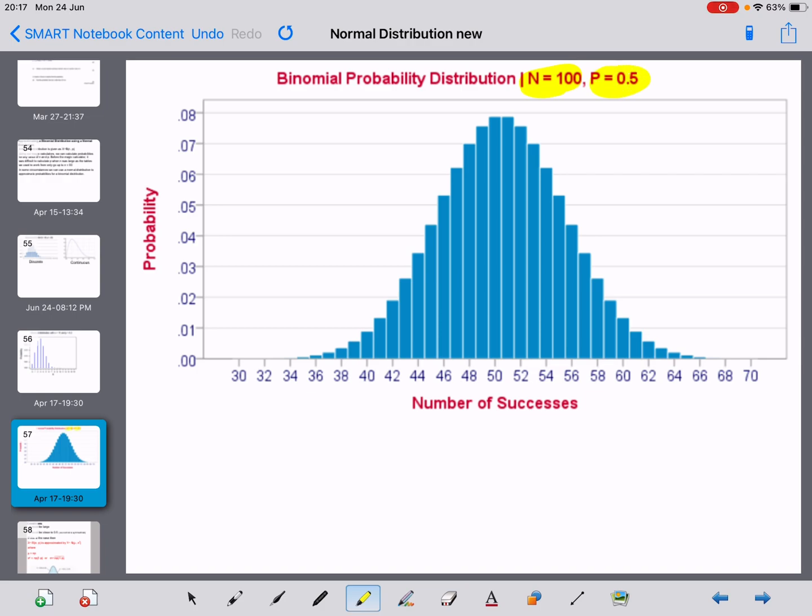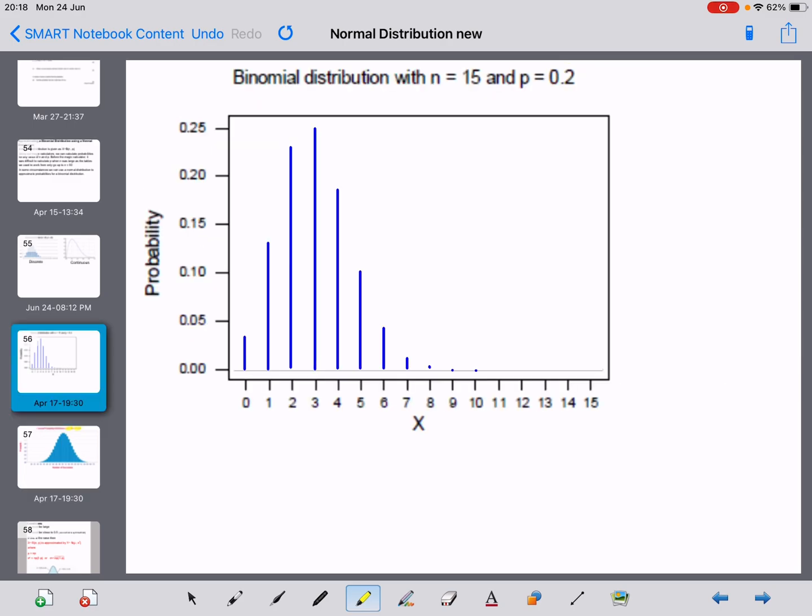So for n being 100 and p being close to 0.5, well, it is 0.5, what we end up with is a symmetrical probability distribution. The heights of the bars are still binomial, so there's still gaps between the bars. The heights of the bars are still representing the probabilities. But it looks symmetrical as opposed to that one, which was skewed.